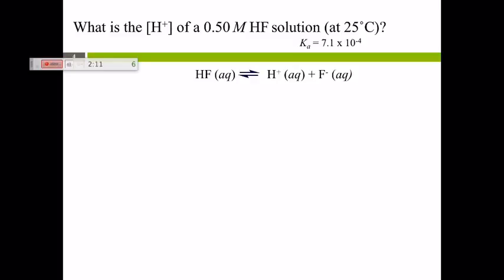So write out your expression of Ka. Write out your equilibrium constant. We've already done that. What's there going to be more of at equilibrium? Reactants or products? Talk, figure it out.